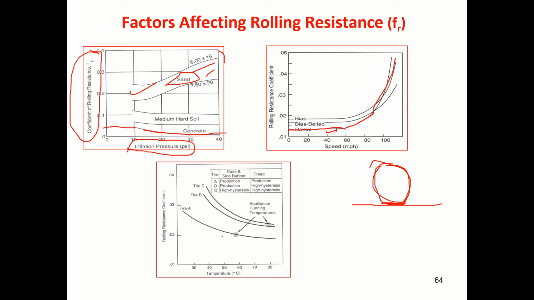You see, whatever be the type of material, here tread reduction, carcass and side rubber reduction, high hysteresis material, that is the type of material. But one thing you can see here, as the temperature increases, rolling resistance coefficient decreases. So based on this, they have created those models for finding out the coefficient of rolling resistance.